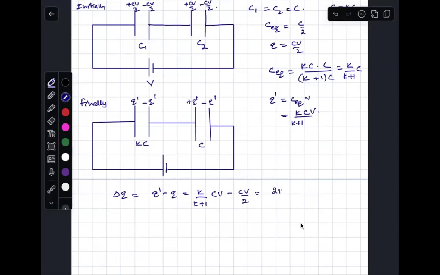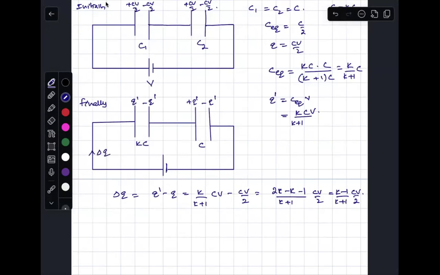This is 2K minus K minus 1 by K plus 1, CV by 2. K minus 1 by K plus 1 times CV by 2. More positive. So therefore, extra delta Q charge is transferred by the battery.